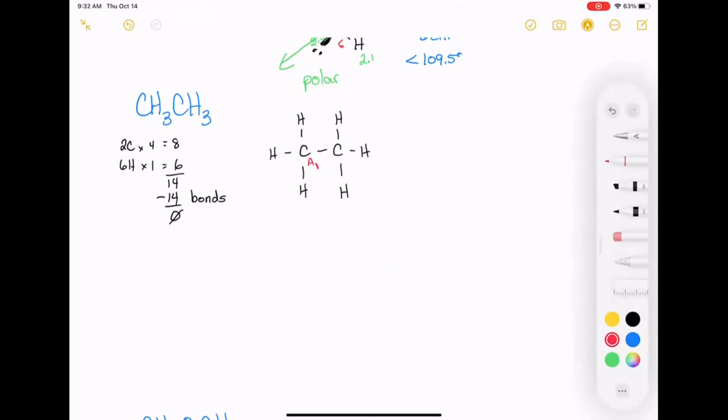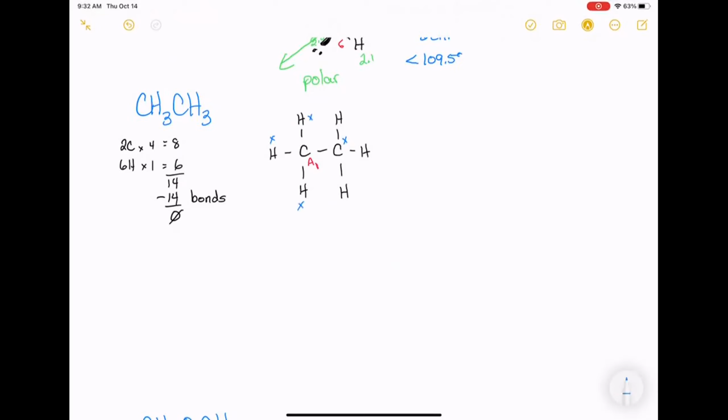And that central atom is bonded to a carbon, bonded to 3 hydrogens. So central atom A1 has the notation AX4.